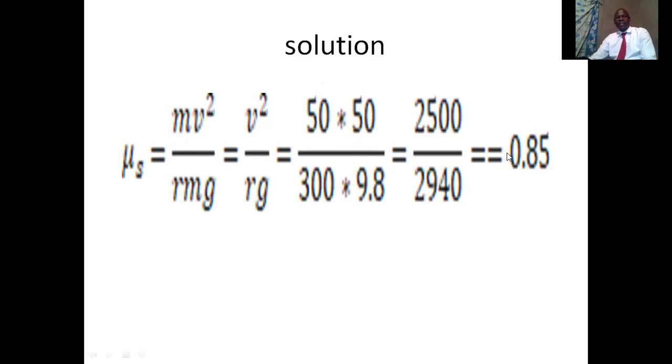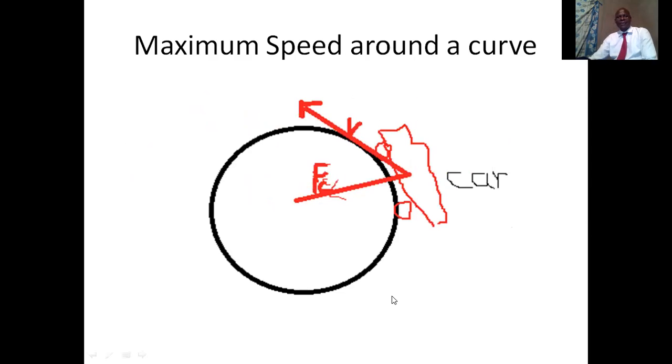And this gives us 0.85. Actually, it has no units. So the coefficient of static friction is 0.85. This is a very high coefficient of static friction, which will enable the vehicle to remain gripped to the ground without sliding.